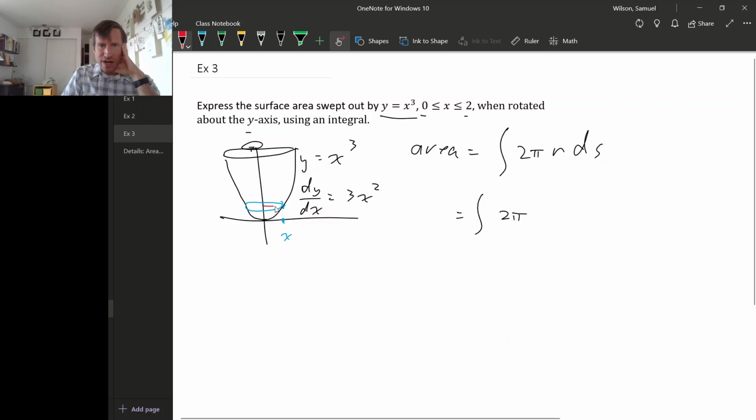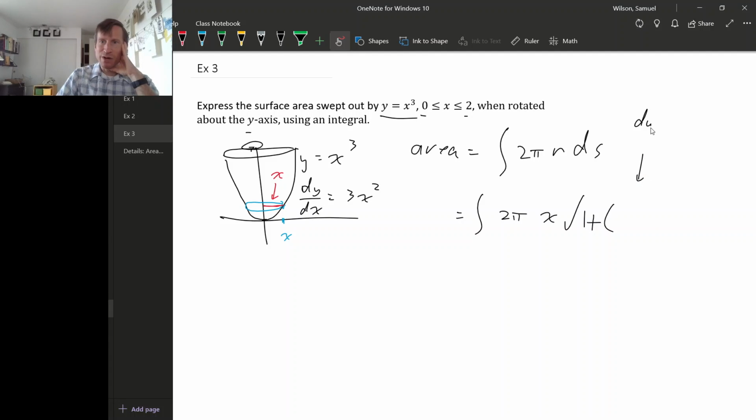And so the radius of that circle that the arc length is going around is x. So our radius is just x. And then ds is the square root of 1 plus, in here we're going to put dy dx, which is 3x squared, square that, dx. And our bounds are from 0 to 2, of course, because that's right here.